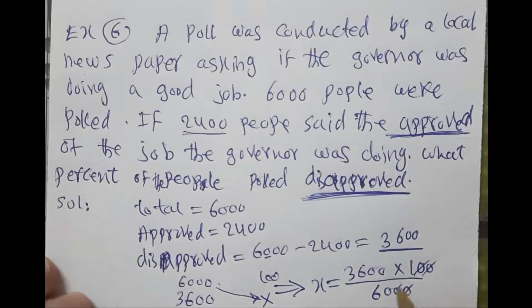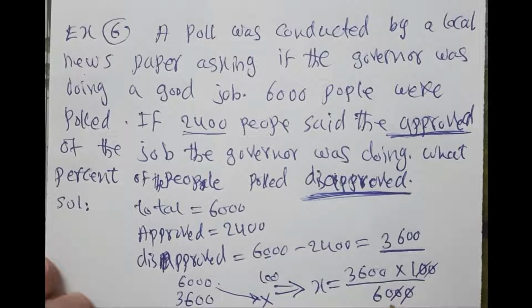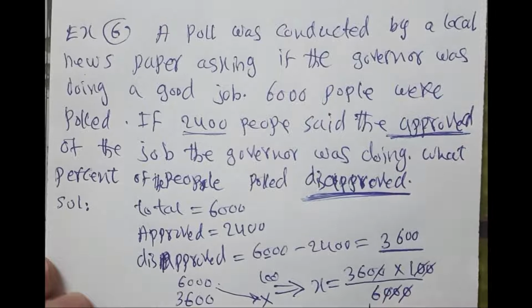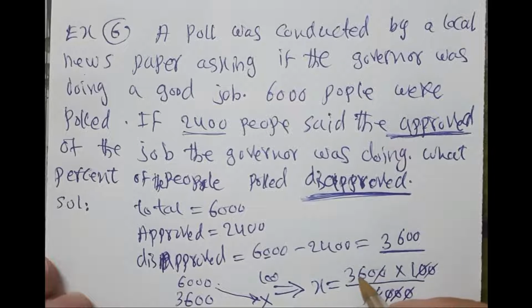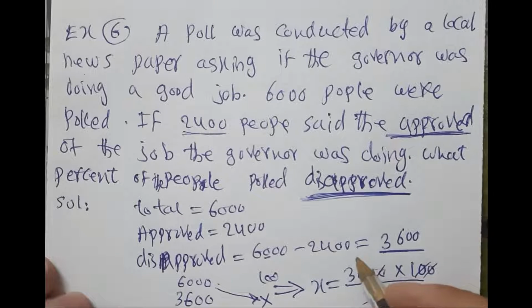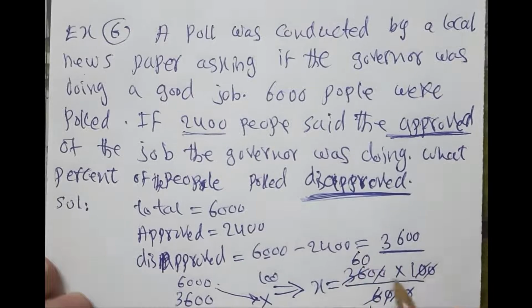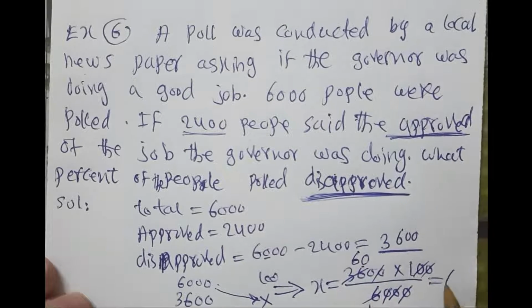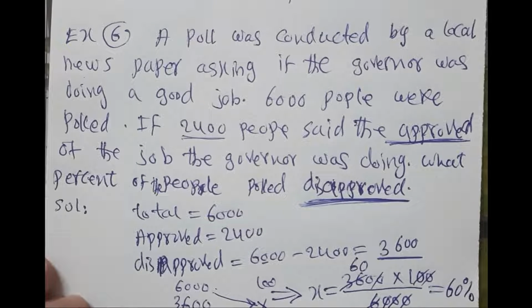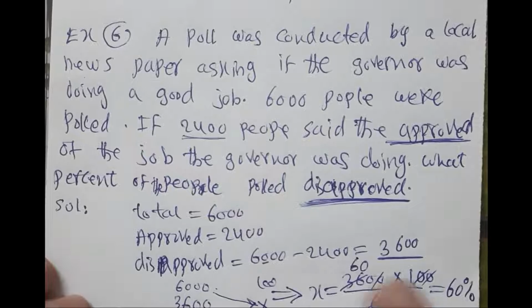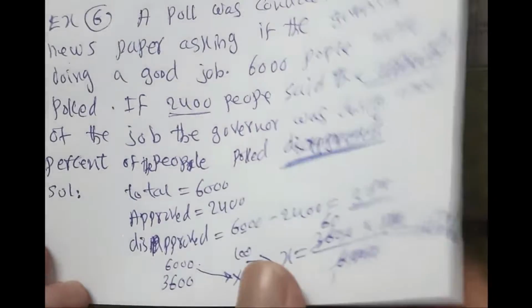These two zeros with these two zeros cancel. 0 cancel by 0. 6 divided by 6, 1. 36 divided by 6, 6. It is equal to 60%. 60% disagree with the governor, the job of the governor, which the governor cannot do very well.